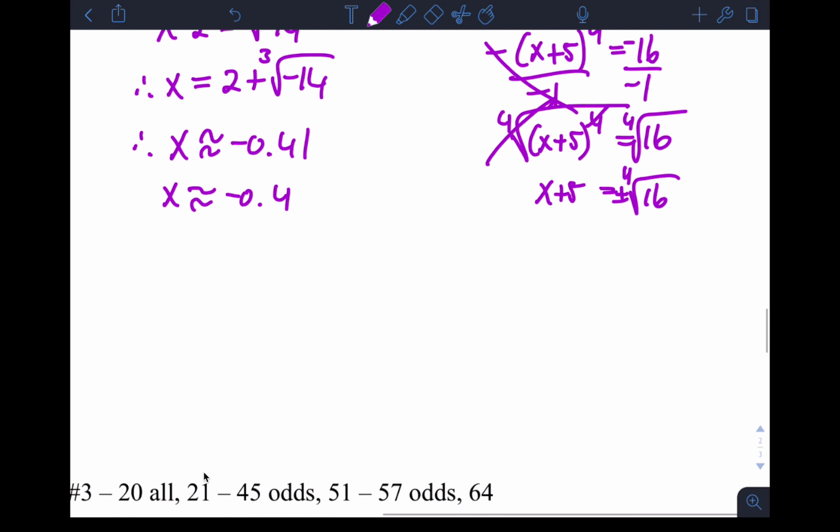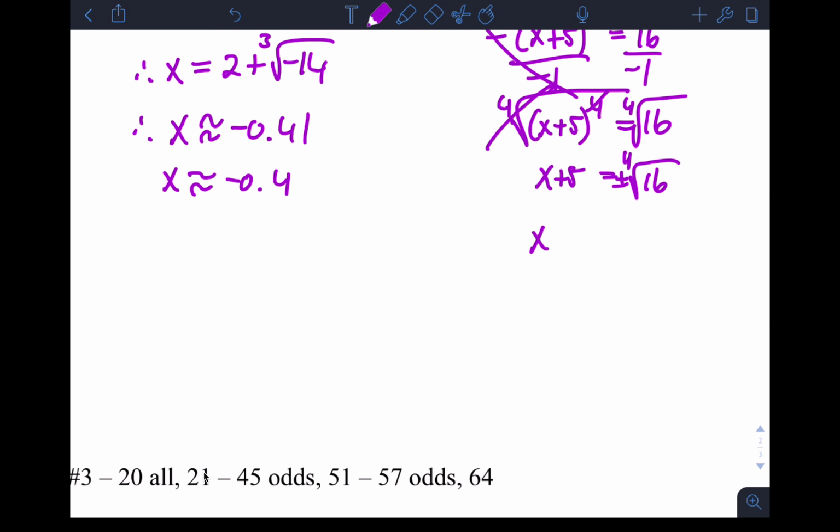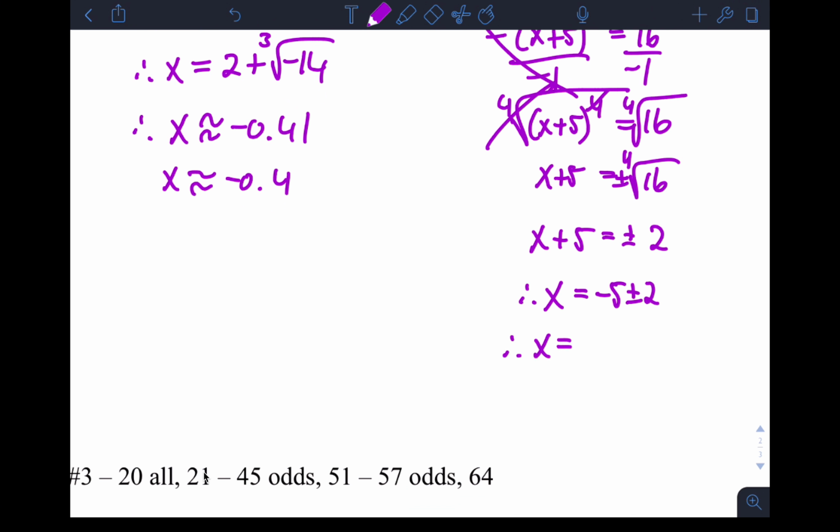But the fourth root of 16 just turns out to be 2, since 2 times 2 times 2 is 8, times 2 a fourth time is 16. So this will be plus minus 2. So this would say that x is equal to negative 5 plus minus 2, and that's just two answers. x is negative 5 plus 2, which is negative 3, and negative 5 minus 2, which is negative 7.